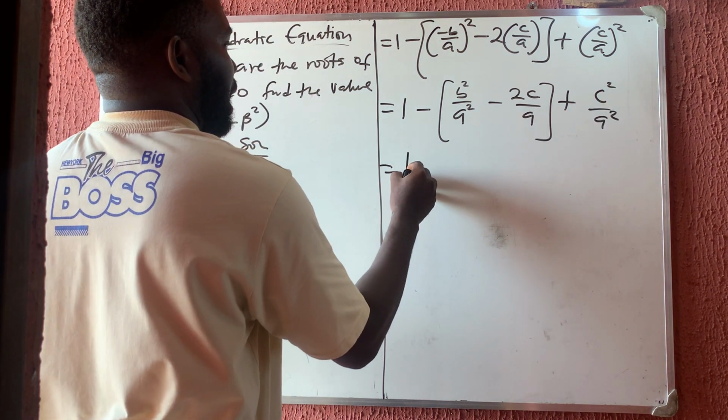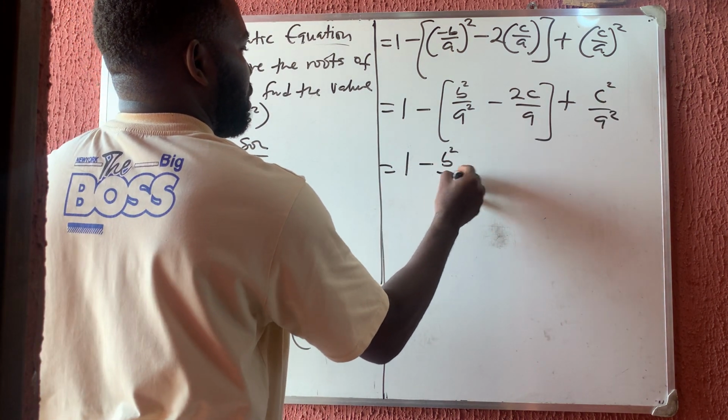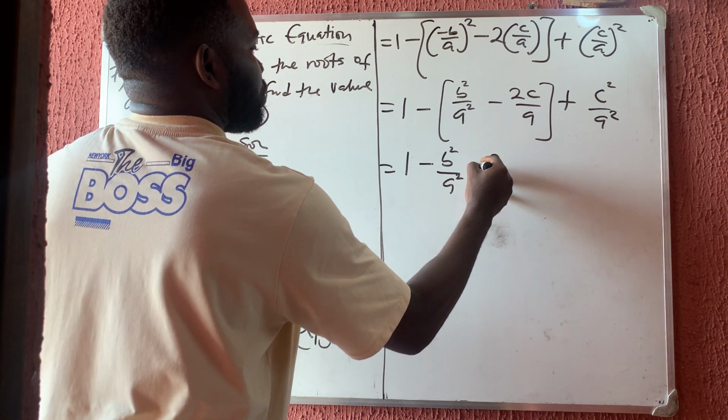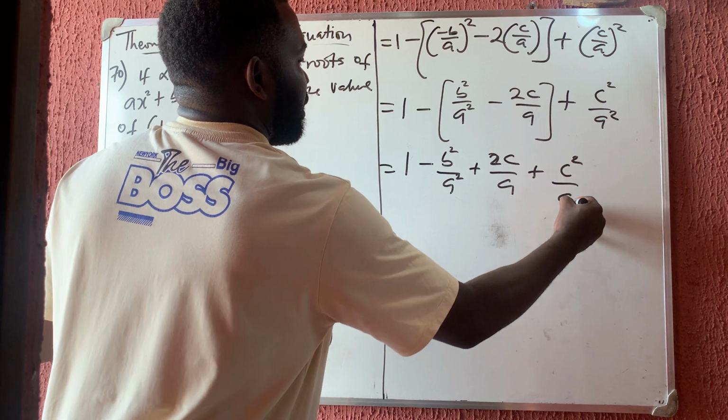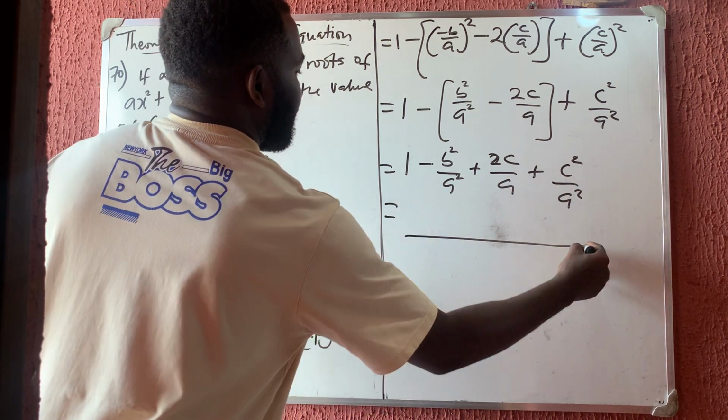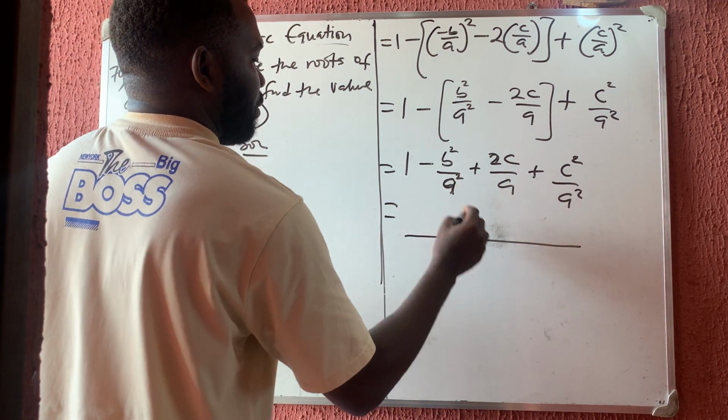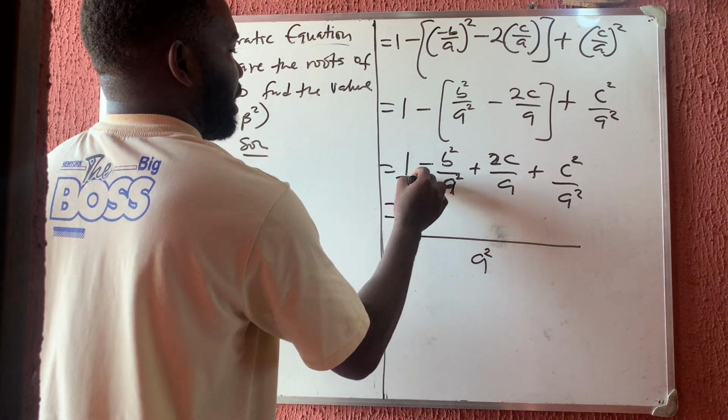So if you open, I have 1 minus b squared over a squared plus 2c over a, then plus c squared over a squared. So if you now collect like terms, the LCM of this is a squared.